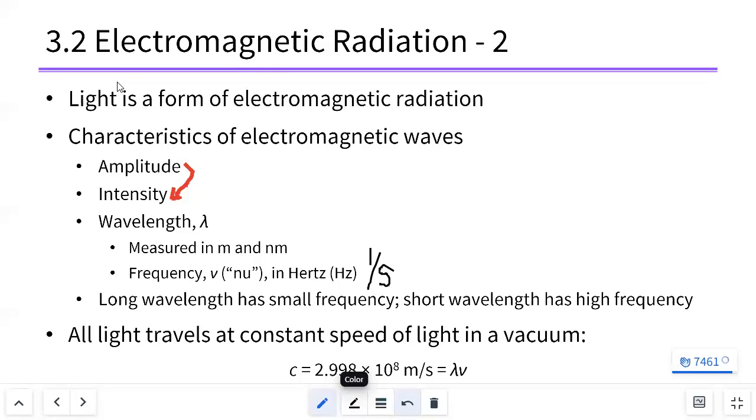Because in this nearly 300 million meters, even if I have a wavelength that is really, really long, I'm still going to see several of them in that second, because 300 million meters are going by every second. So one thing we're going to have to come to grips with is that frequency is always going to be a large value. Usually frequency is going to be expressed in scientific notation because the value is just that large.